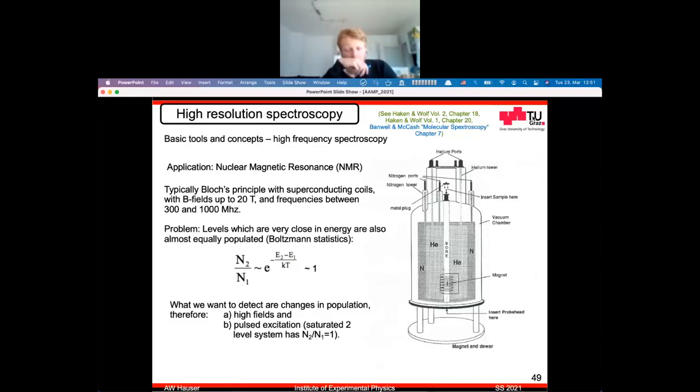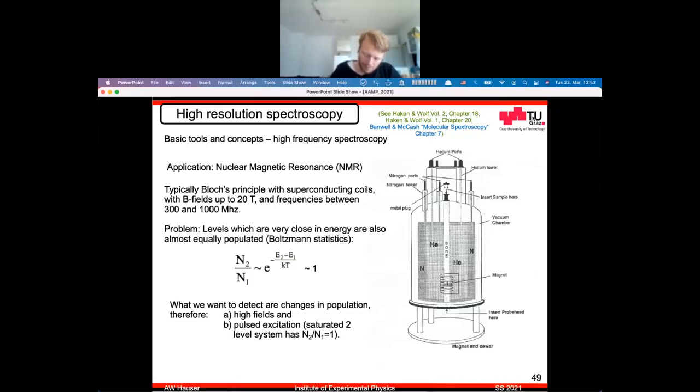Right? So if you increase B, meaning you have a stronger magnet, you have more current going through your coils, then you will have a larger energy splitting, or the energy difference that stems from a different orientation of your spin is larger.